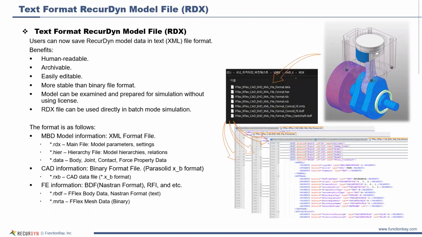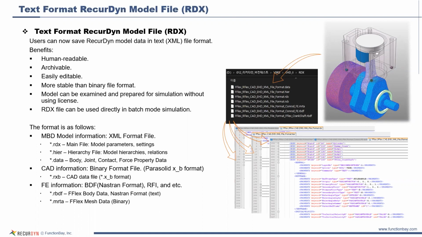There is a certain organization of how the files are saved out, and the main information is saved in what's called the RDX file, and then there's some different hierarchy and data files to store the other information. And then there's another set of files to store the CAD information, which is stored in a binary format file, which is actually using the Parasolid format.